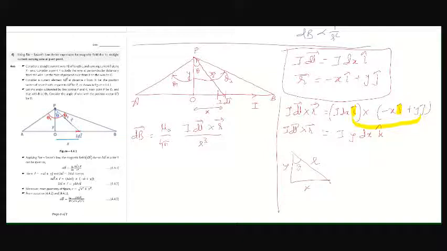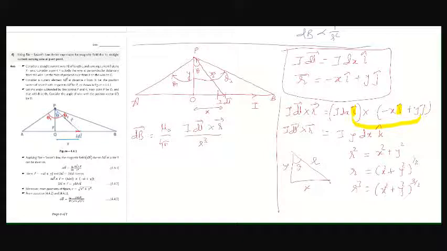So I can say that r square is x square plus y square, or r is x square plus y square raised to 1 by 2, or square root. So what is r cube? r cube is x square plus y square raised to 3 by 2.